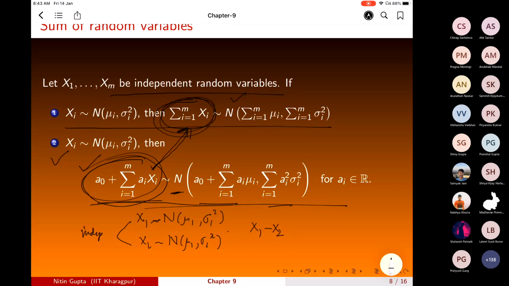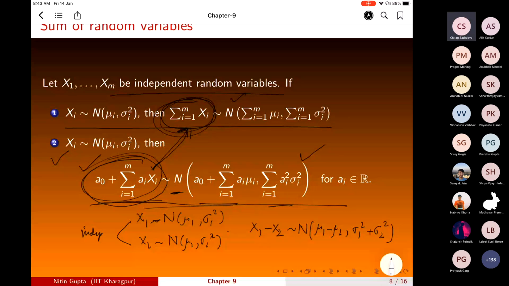Choose a0 as 0, a1 as 1, a2 as -1, a3 as 0, and so on. So this will be normal with mean mu1 minus mu2, and variance sigma1 square plus sigma2 square. Okay, so you are finding this using this result. Proof is also in the same fashion. But at least once you have to show that thing.